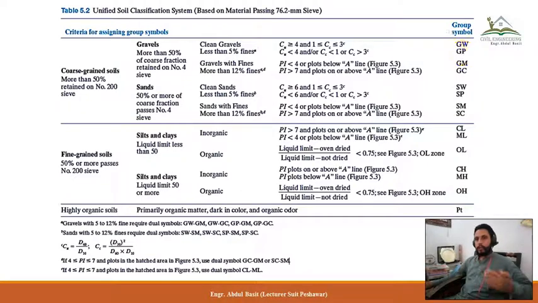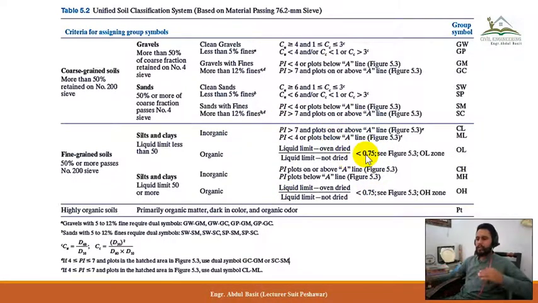The group according to the unified classification system will be GP. So GP means gravel, poorly graded. Okay, poorly graded gravels. Similarly, again this is for gravel, and this is organic silt. This is for clay. Okay, then again this is low plasticity organic clay. So these are the classification systems, and you can move through these tables.